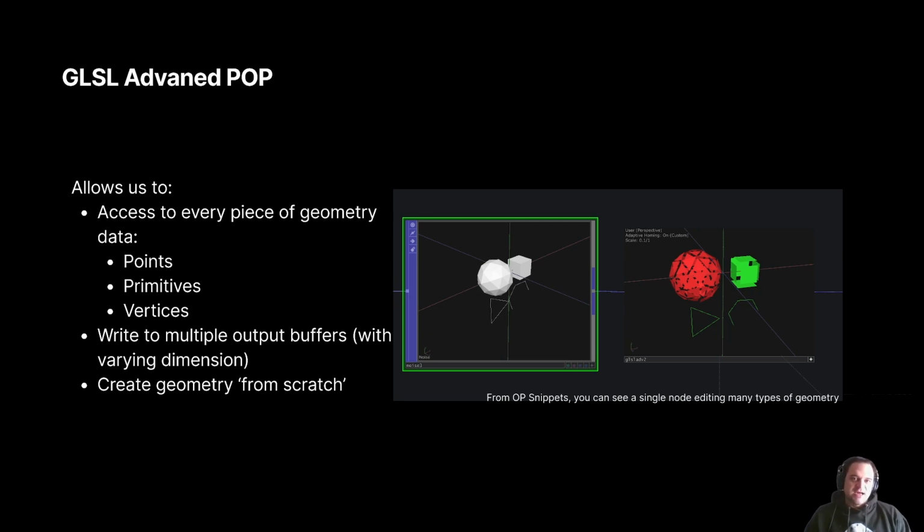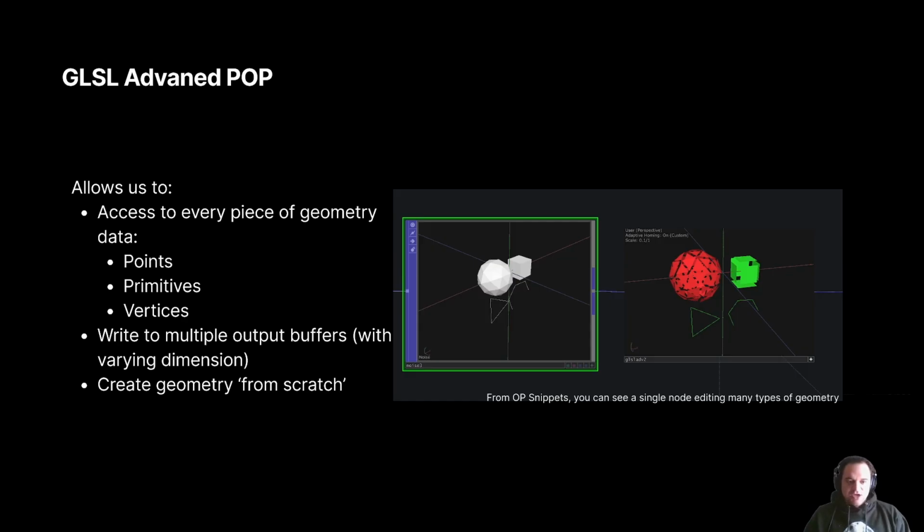And because we can act on all of those things, we can also have access to all of the data coming from each of these pieces of geometry, and we can use that data together to create more complicated and sophisticated algorithms than we would be able to using the other types of operators available to us.